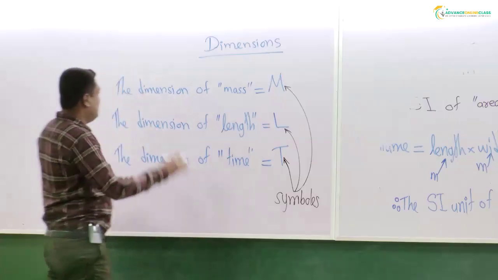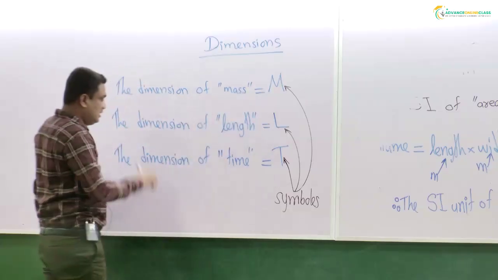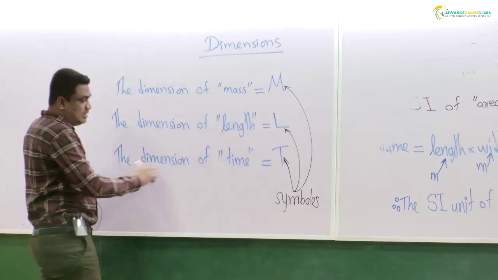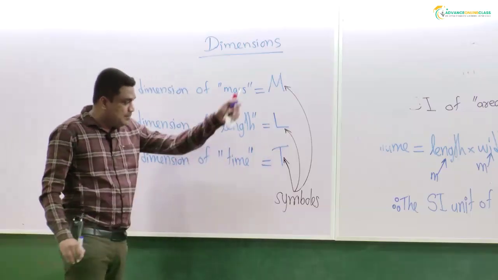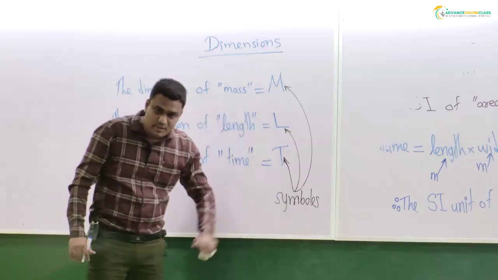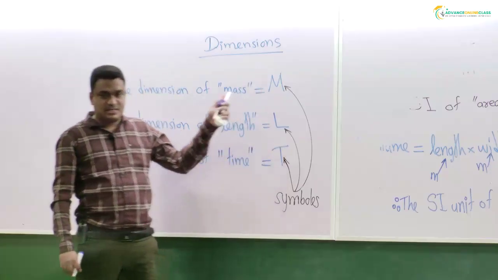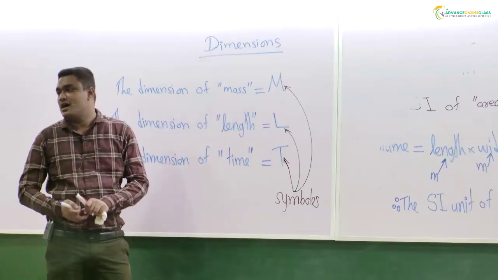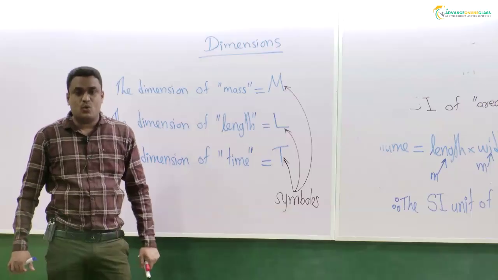The dimension of mass is capital M, the dimension of length is capital L, the dimension of time is capital T. Therefore, dimensions are some symbols used to represent physical quantities.